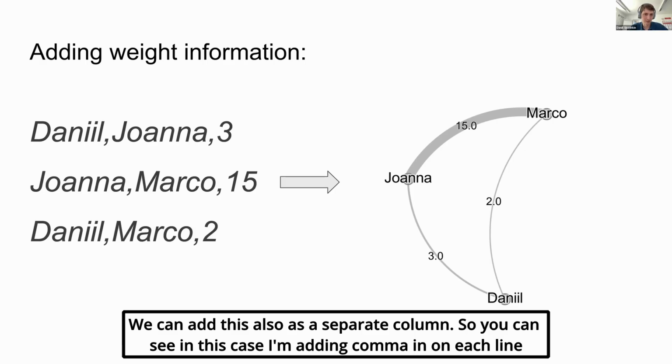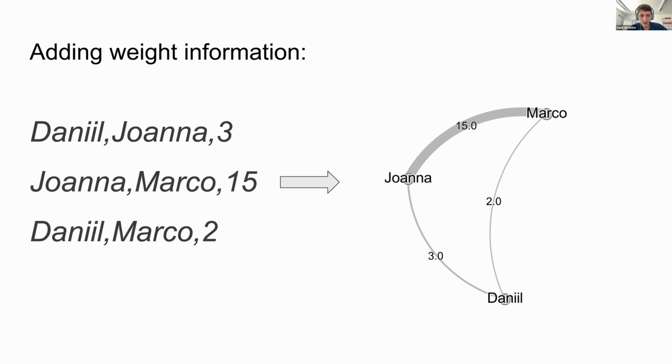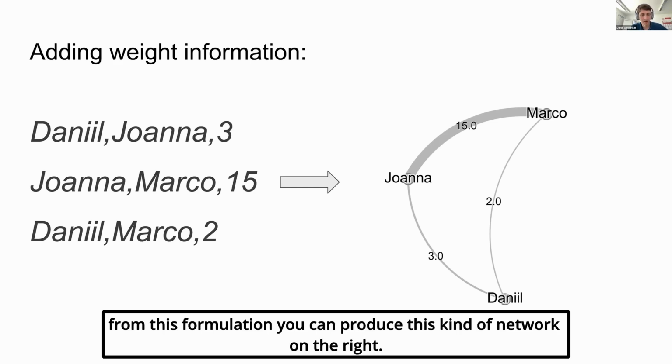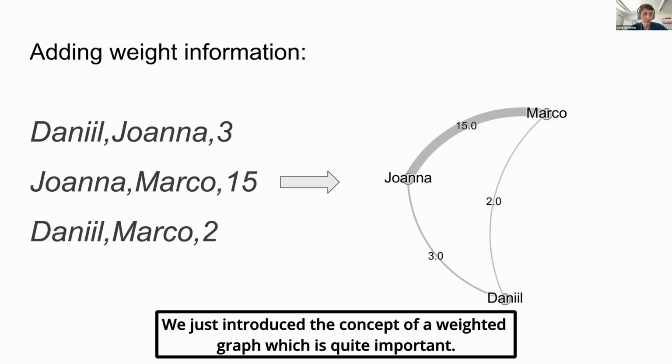You can see I'm adding a comma on each line, which means I'm adding a separate column on each line. From this formulation you can produce this kind of network on the right. So we just introduced the concept of a weighted graph, which is quite important.